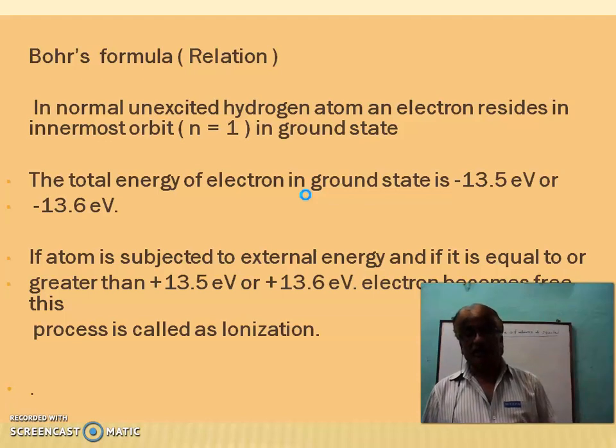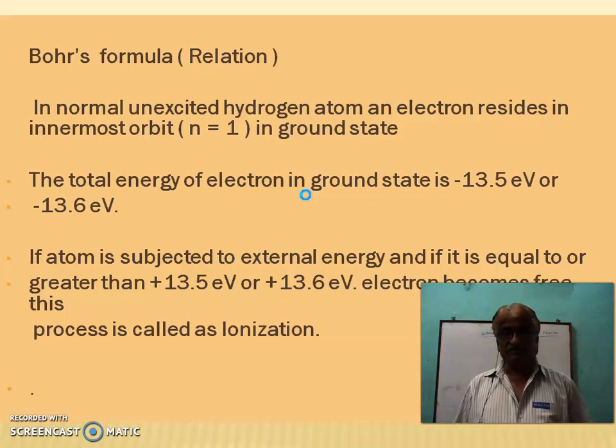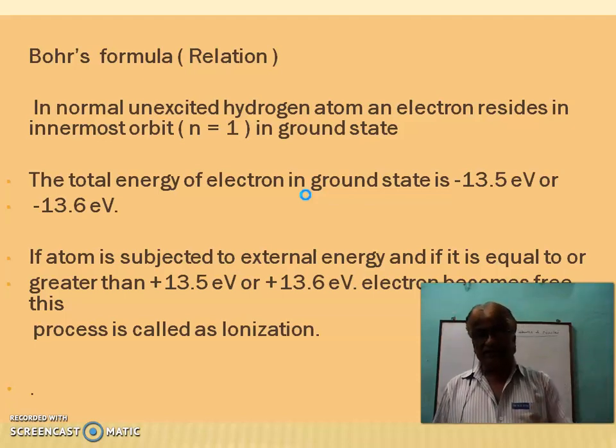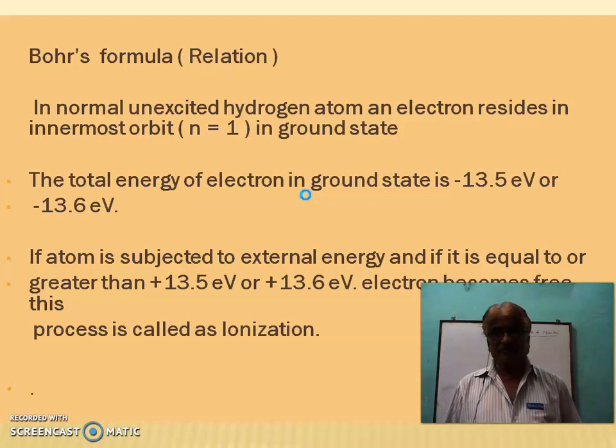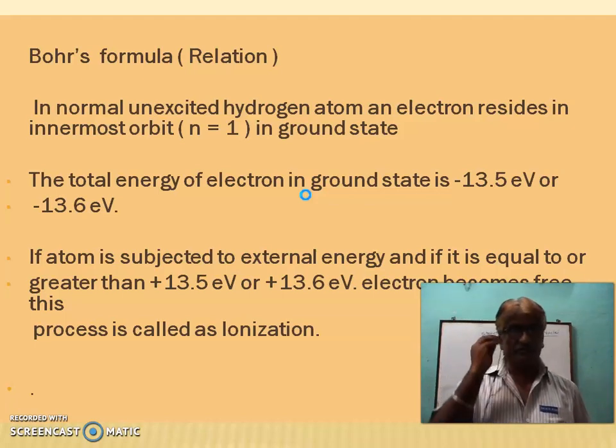Because if we take the constant terms and solve by logarithm, the answer will be minus 13.5 something, or approximately it can be taken as minus 13.6 electron volt.